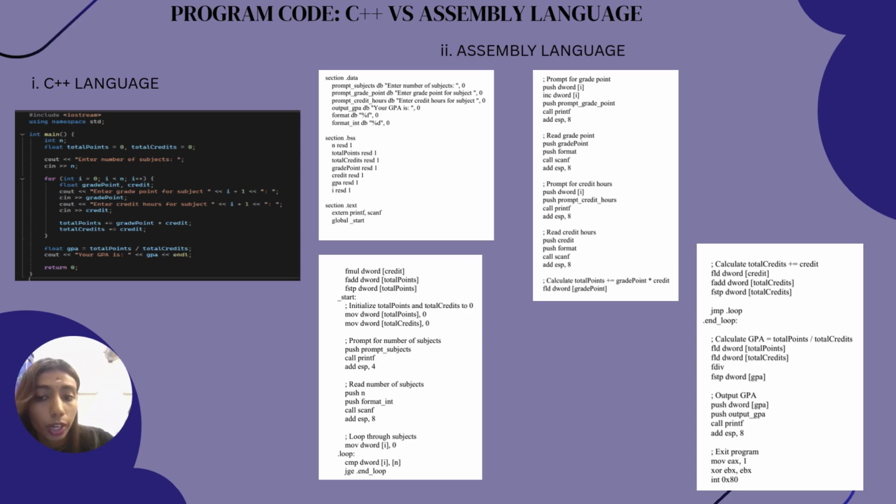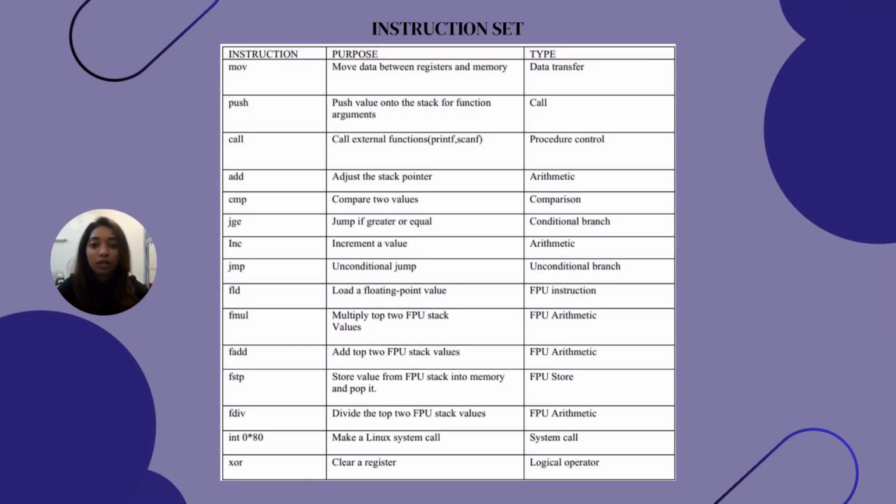This process continues until all subjects have been processed. After exiting the loop, the GPA is calculated by dividing total point by total credit using floating point division. The result is stored in the GPA variable. Finally, the program prints the GPA result using printf and exits cleanly using a Linux system call, int 0x80.